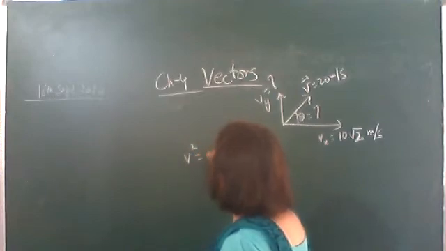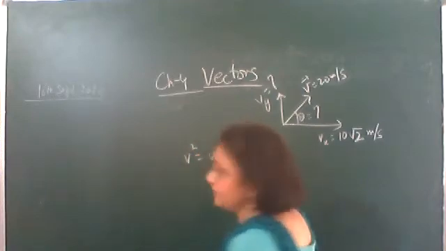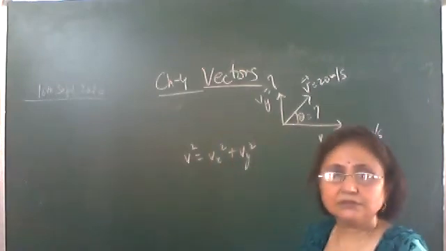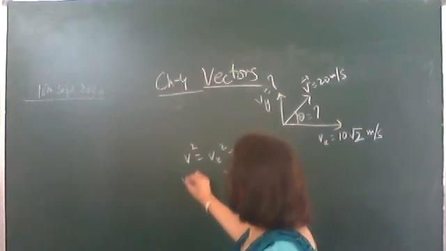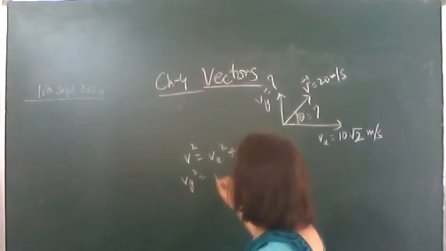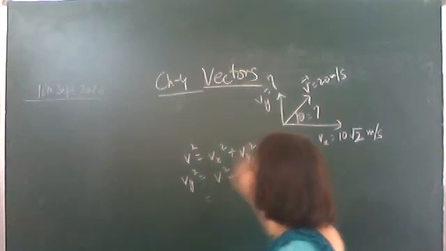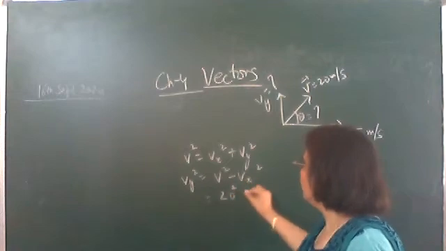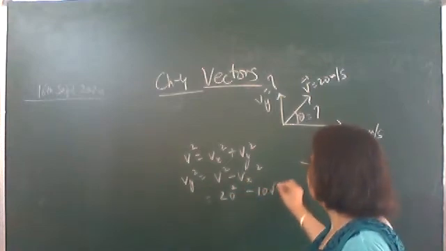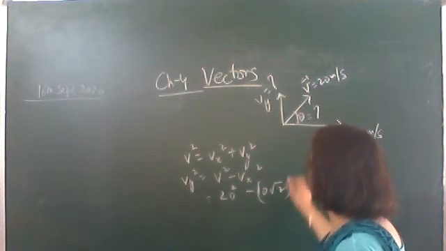Okay, we know that V square is equal to Vx square plus Vy square. So Vy square will be equal to V square minus Vx square. And what is this V square equal to? 20 square minus 10 root 2 square.